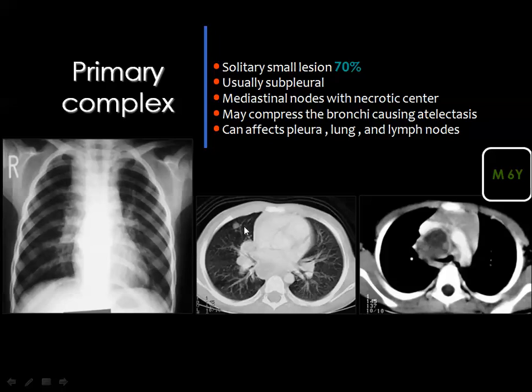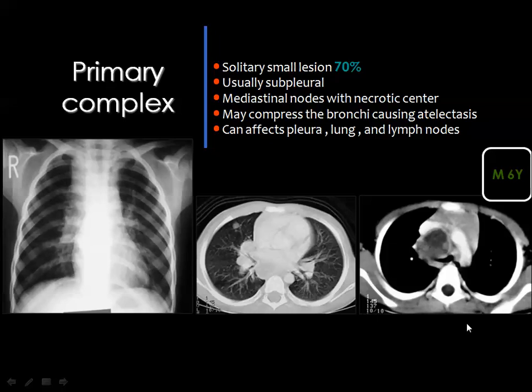And here you see a nodule in the lung, and this nodule is what we call the Ghon focus, or the pulmonary component of the TB primary complex. And you see mediastinal lymph nodes, which are necrotic, typical of TB.